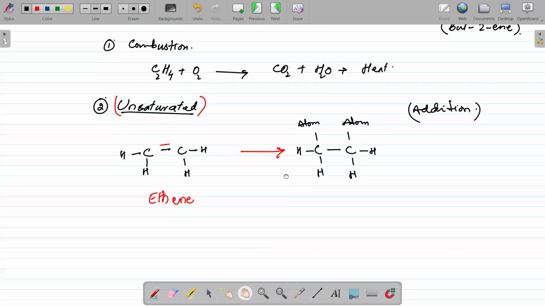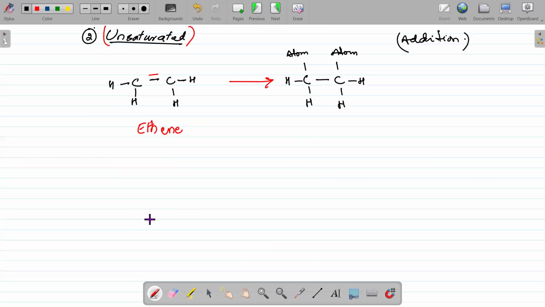So now let's practice this reaction. If I treat this same ethene molecule, by looking at this example, and I react it with hydrogen. So what will happen?